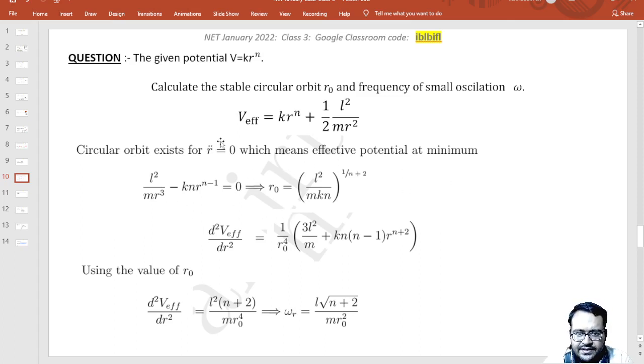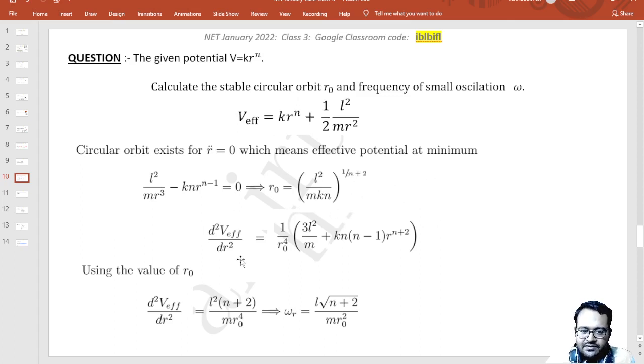So we directly calculate the derivative to find the stable circular orbit radius. Taking the derivative, we get minus L square by m r cube plus K n r to the power n minus 1, equal to 0. Hence we get r0 as this. This is my stable circular orbit radius.